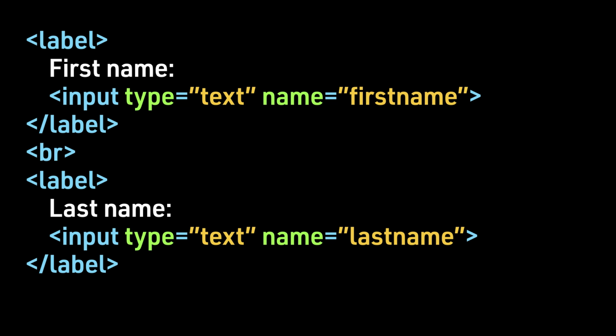Neither has an ID attribute to which we can bind the label for attributes. So in this case, the label element contains the text for first name as well as the input for first name. There's a carriage return, and then you have a second label element with the last name text and an input element for last name.